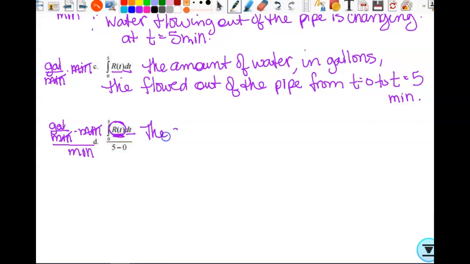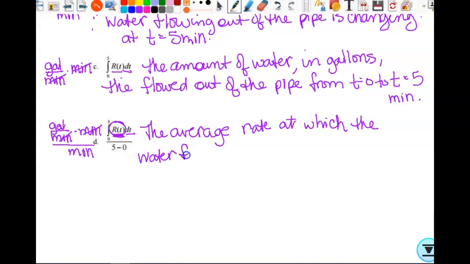So the average rate at which the water flows out, something like that. Flows out of the pipe in gallons per minute.